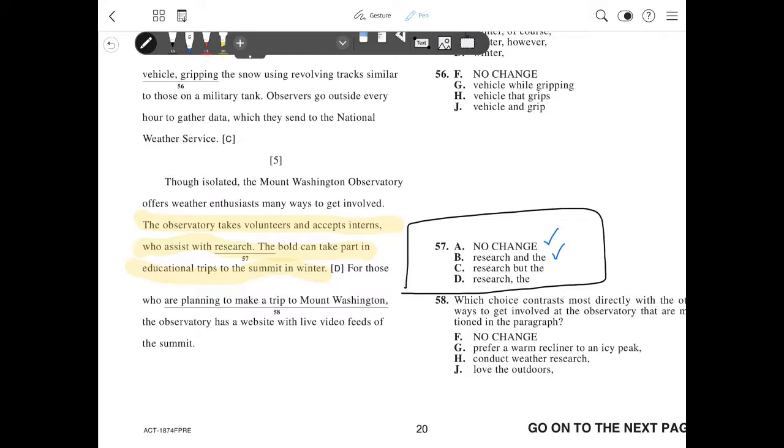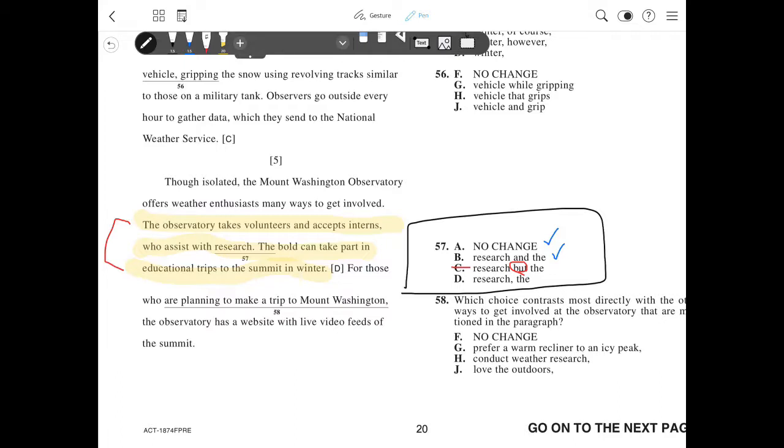Okay, now we're going to read it with C. The observatory takes volunteers and accepts interns who assist with research, but the bold can take part in educational trips to the summit in winter. Now, the thing with this conjunction but, you only use but when there's some sort of contrast or contradicting statement between the two sentences. And here, these two sentences are more of just additional information. There's nothing being compared. So because of that, we know that C is not an option.